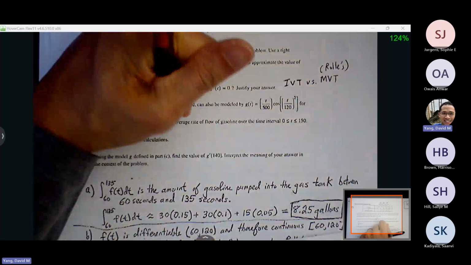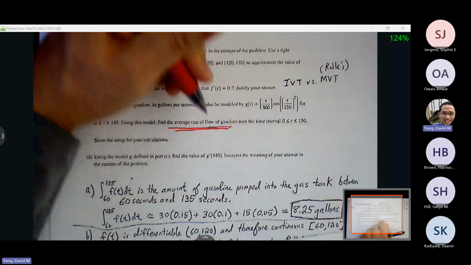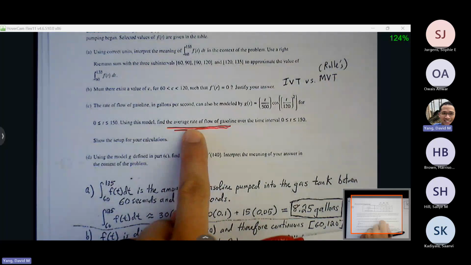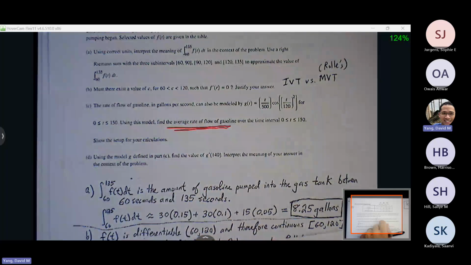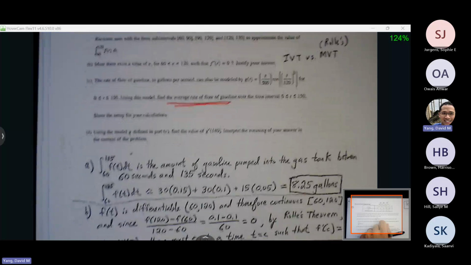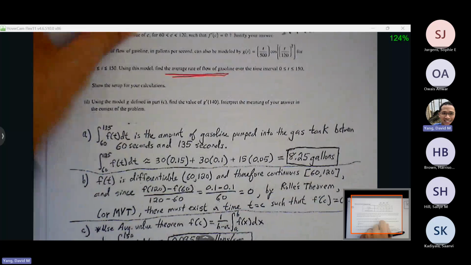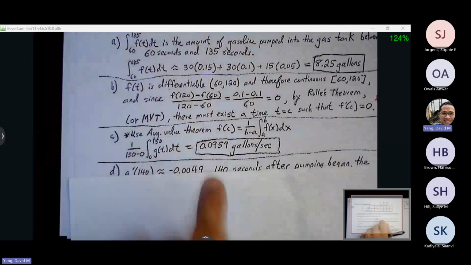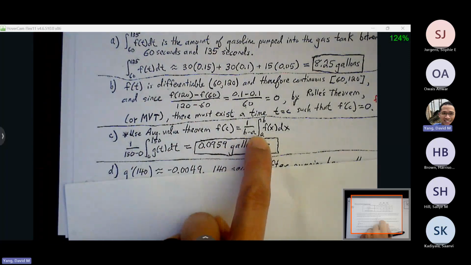So average rate of flow, that should give us a hint that we're involving average value theorem. So we have to show the setup in our calculator or for our calculations, and then we can use our calculator for the rest. Average value theorem: 1 over b minus a, integral from a to b of our function.